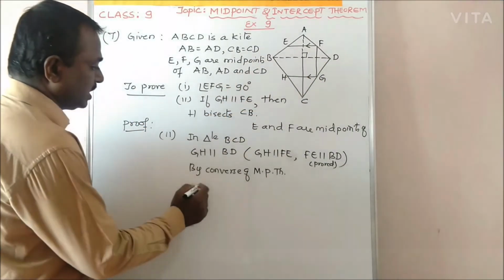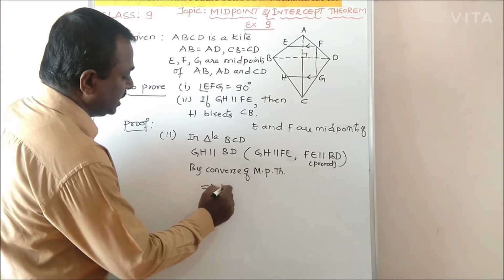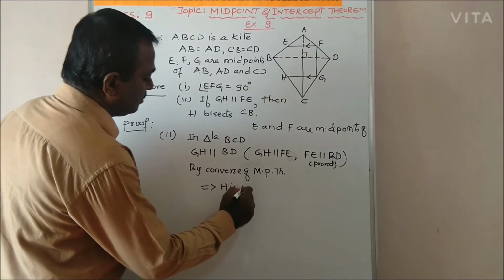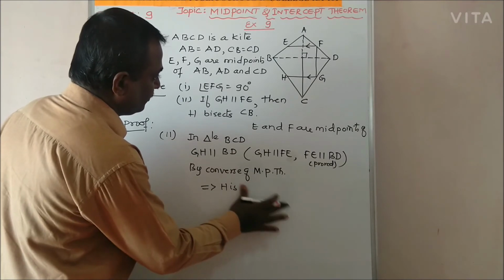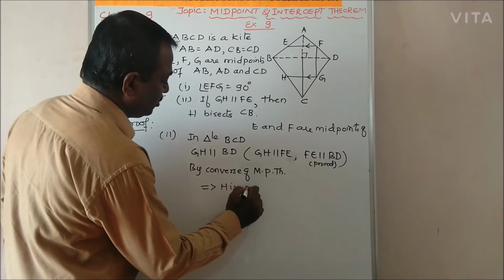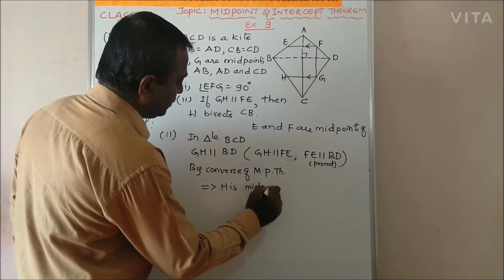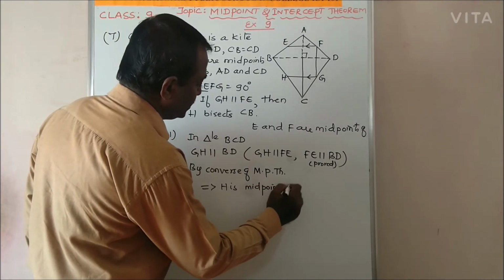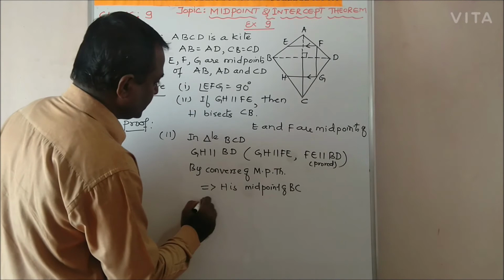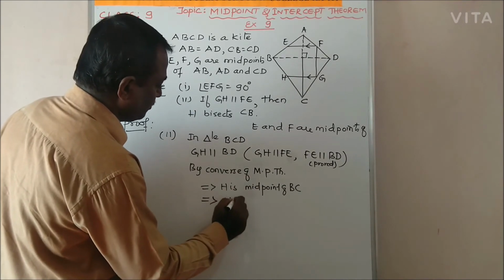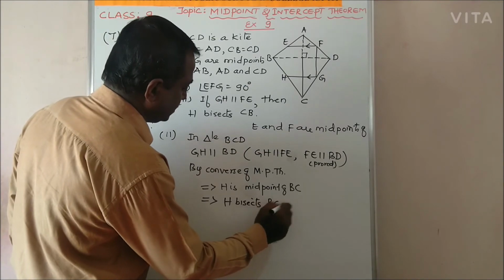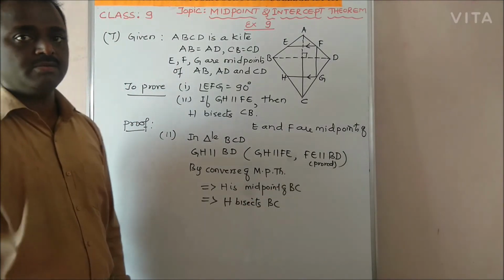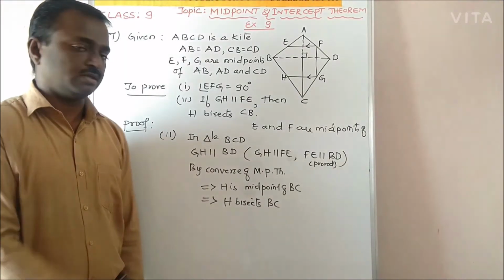So by the converse of the midpoint theorem, we can say H is the midpoint of BC. This implies H bisects BC. So note down this sum.